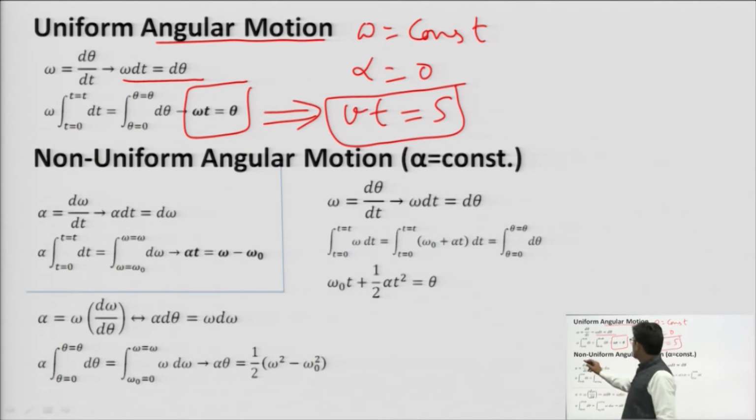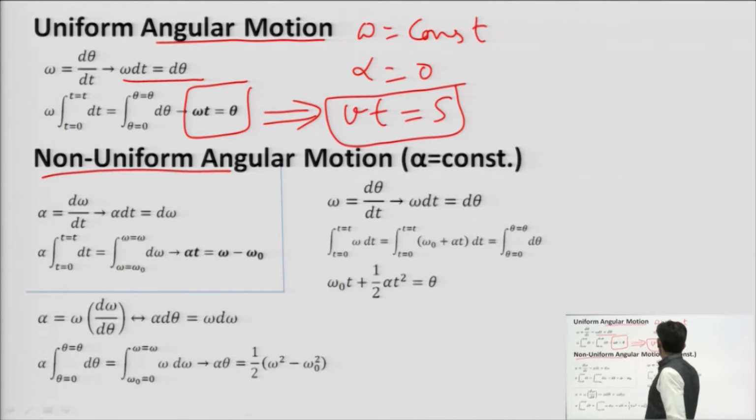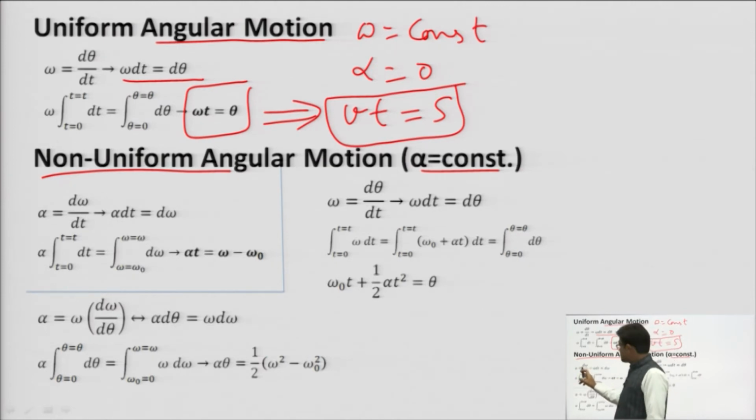In non-uniform angular motion, if alpha is constant, then we can write alpha is equal to d omega by dt, so alpha dt equals d omega. Now integrating both sides in proper limits.